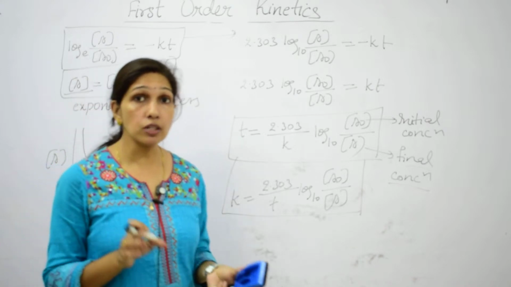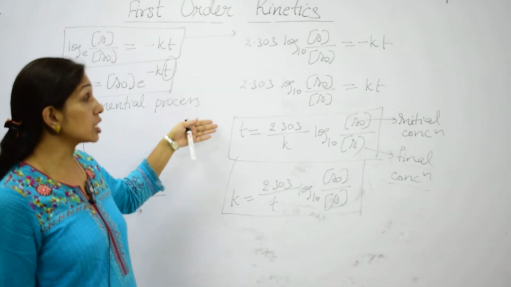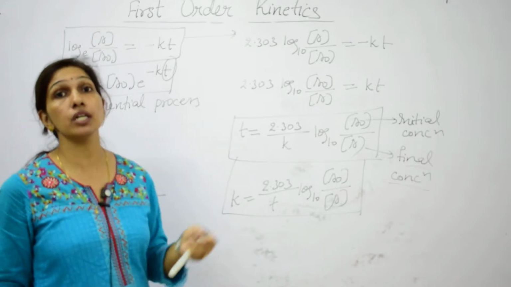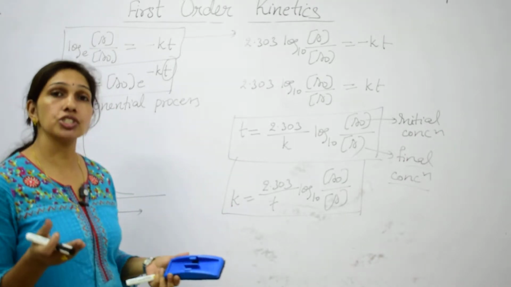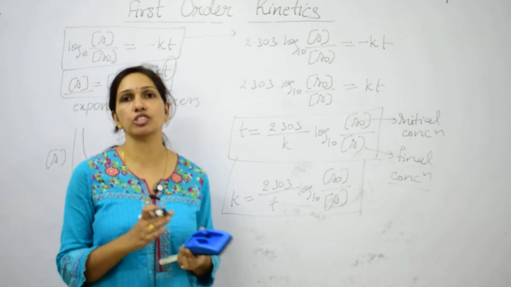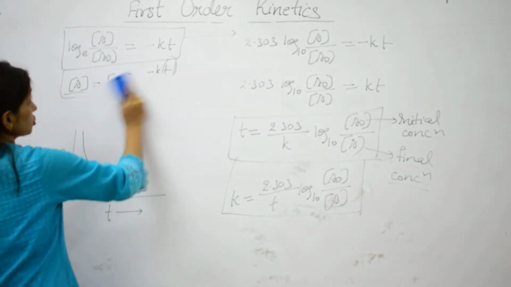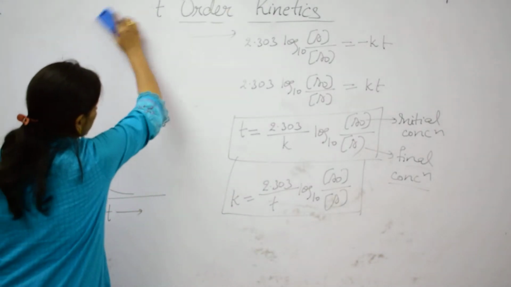And in a first order reaction, the rate increases with the concentration of the reactant, and the concentration of reactant decreases exponentially with time. So, these are the main characteristics of first order reaction.